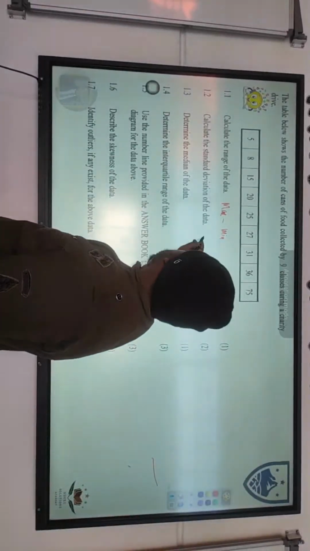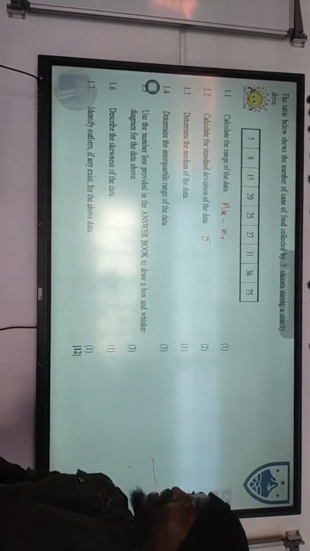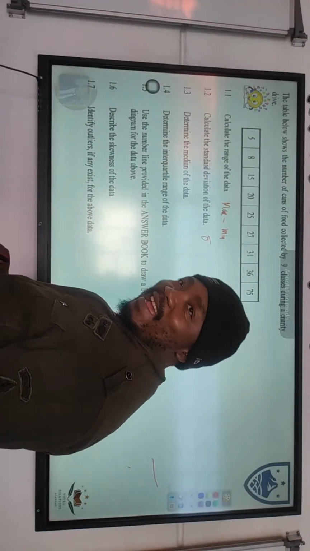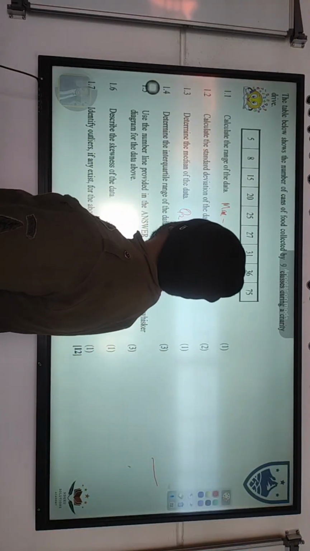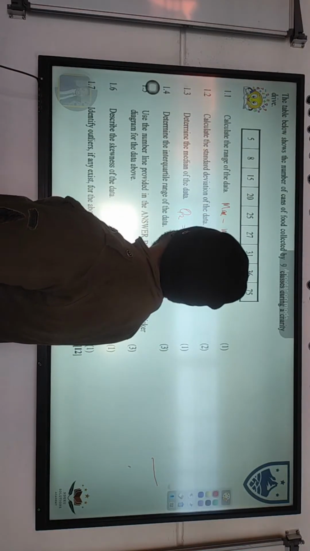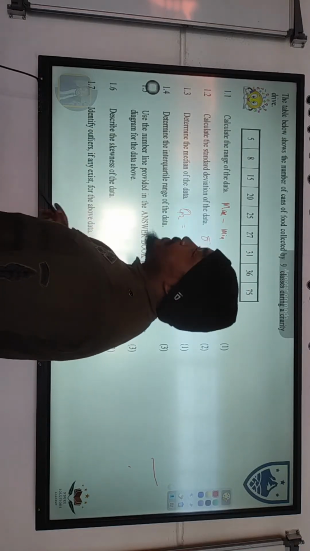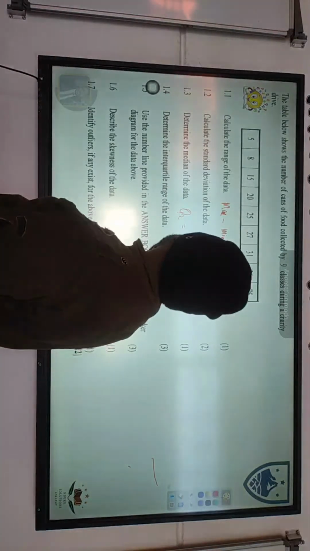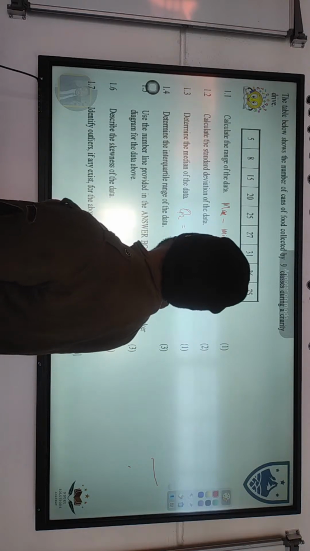Standard deviation. Calculator, data set. The median is quartile 2. How many are there? 9. So I have 1 over 2 times 9 plus 1, which is number 5.